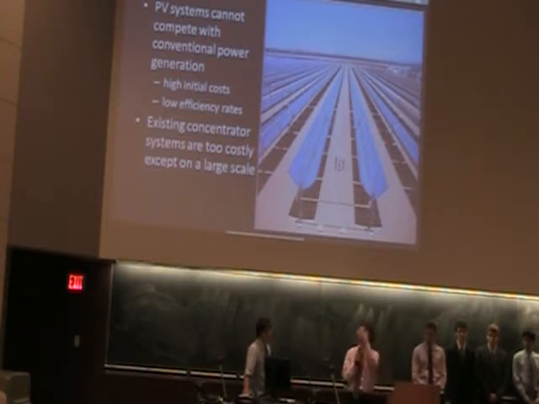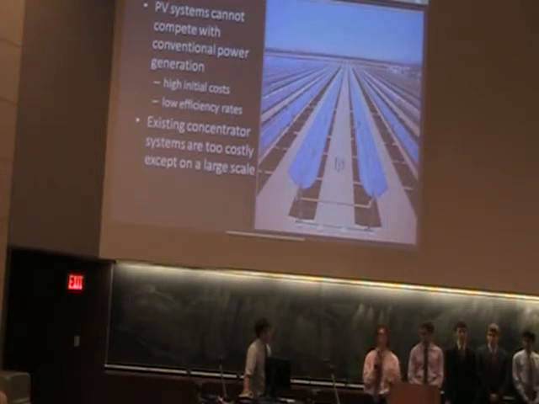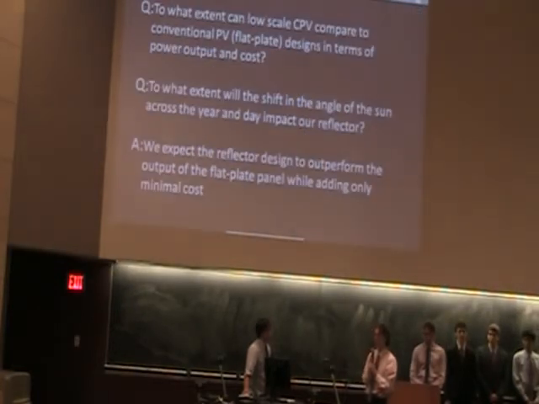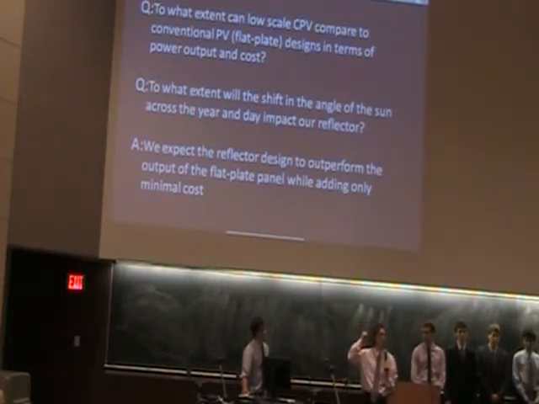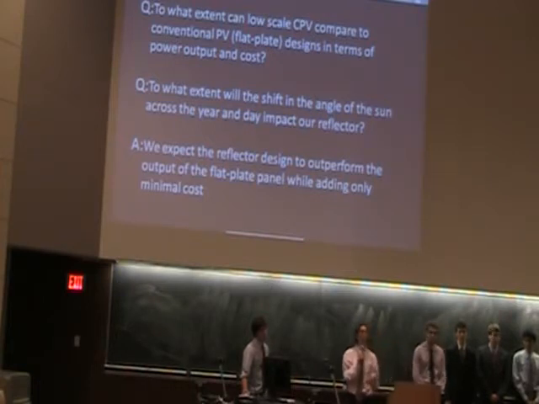And so, again, these are too costly except on a large scale. So we wanted to look if there was any way to make it something that you could put on your roof. So our research questions, therefore: to what extent can these low-scale concentrated photovoltaic, or CPV, systems be used, and how do they compare to the status quo, the flat panels you'll see on people's roofs that don't have any concentrator, in terms of output and cost?